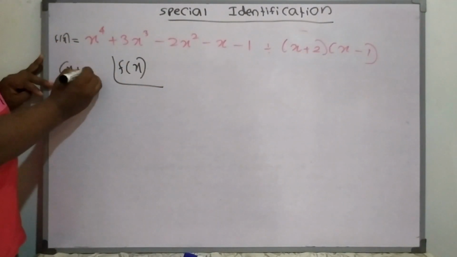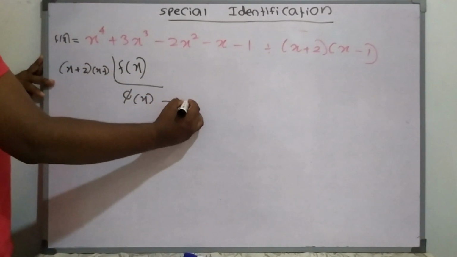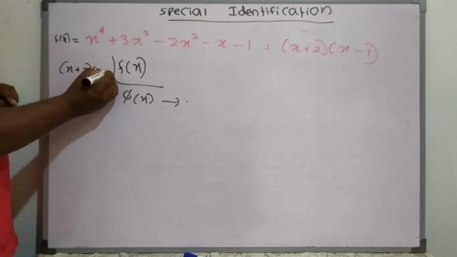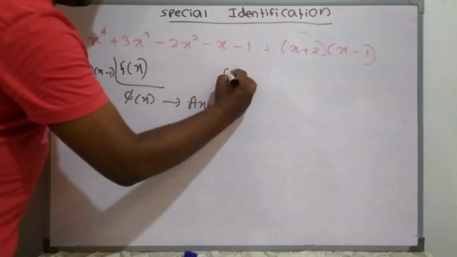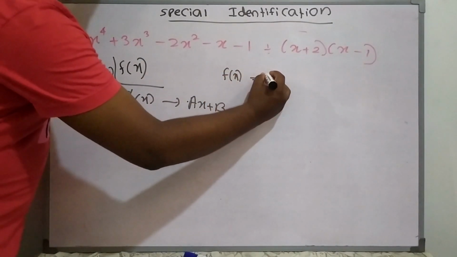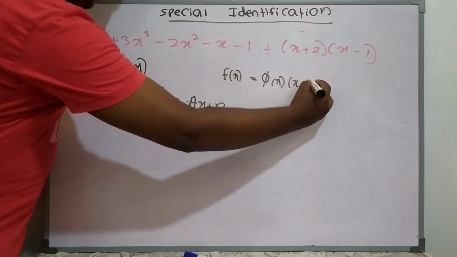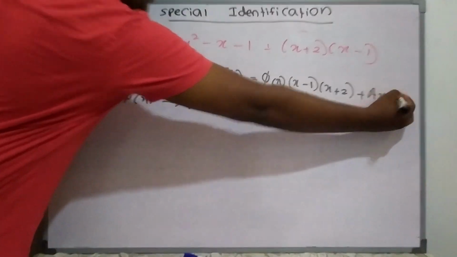x plus 2, x minus 1, and psi x, the remainder is, you can see this is second order now, which is ax plus b. So the remainder theorem will be f(x) equals psi x into x minus 1, x plus 2, plus ax plus b, right?